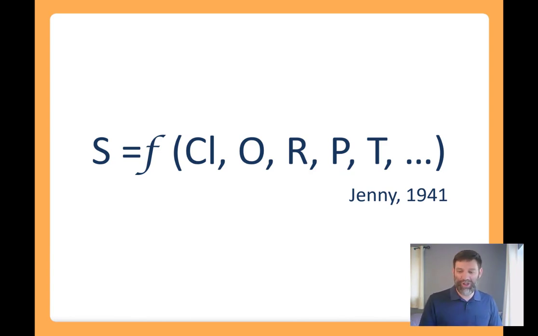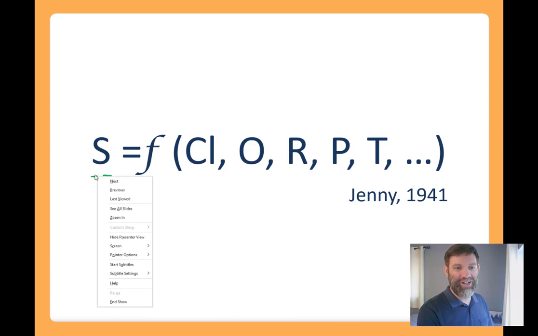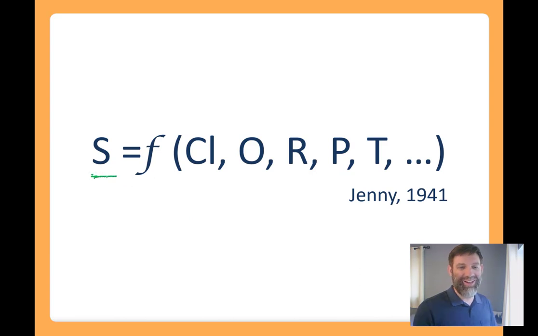In this equation, S is for soil. Soil is a function of these factors. Climate is the CL. O is for organisms. R, relief. P is for parent material, and T is for time.